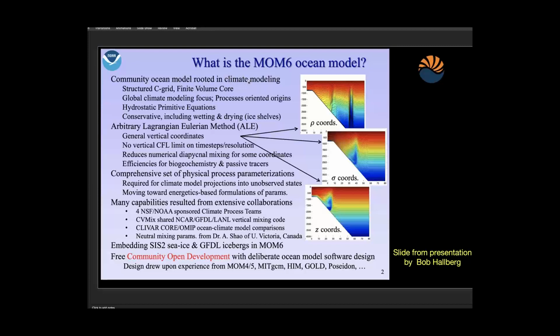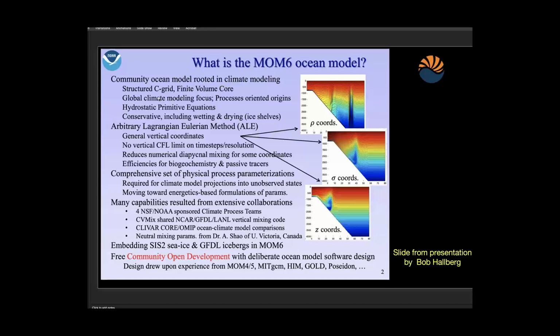This is an important point that we'll come back to later in the talk, because as we take this model to higher and higher resolutions, we have to develop new intuition of how to parameterize the subgrid scales and other components of the model that make it more adequate for the kinds of problems that we are thinking about.